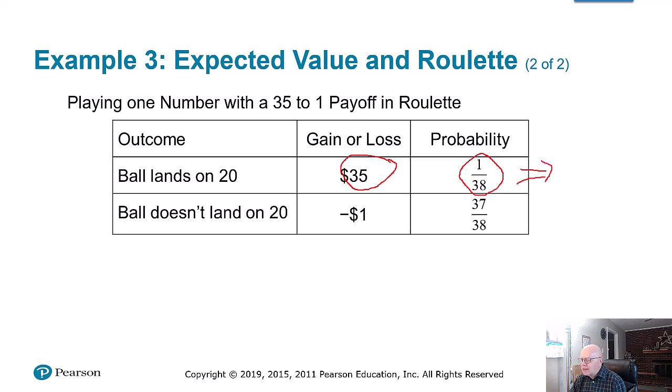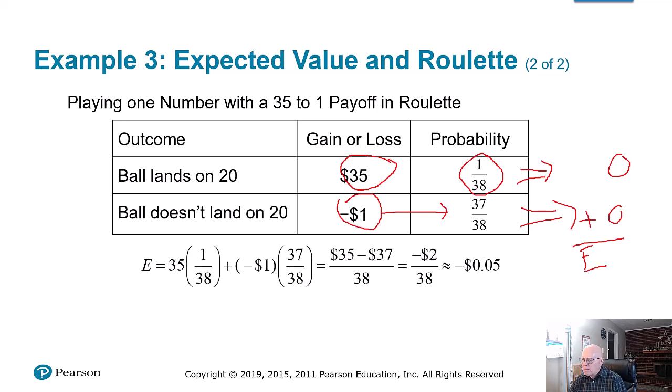If the ball doesn't land on the 20, you lose your dollar. And that'll happen 37 out of 38 times. So multiply those two together. Take the number you get here, not a 0, and the number you get here, add those together, and that will be your expected value.